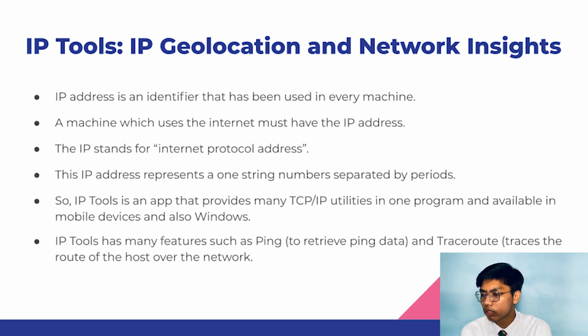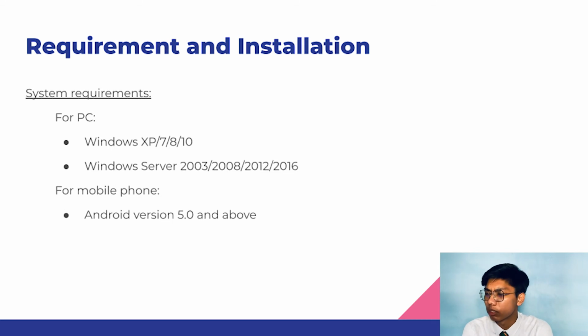So IP Tools is an app that provides many utilities in one program and is available on mobile devices and also Windows. IP Tools has many features, such as ping to retrieve the ping data, and also traceroute, which is to trace the route of the host over the network. Continuing, we are going to see the requirements and installation for this app.